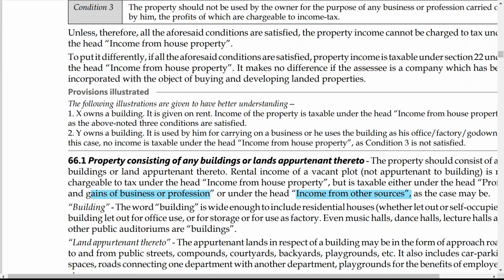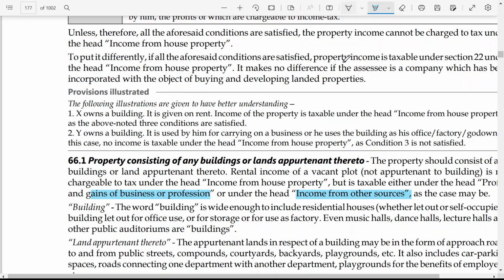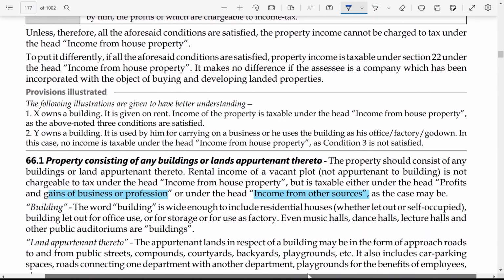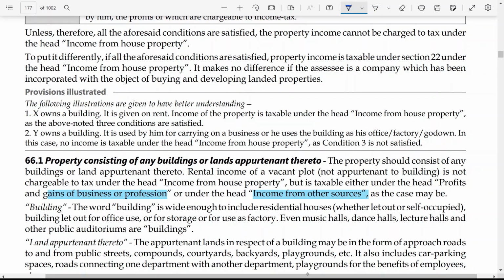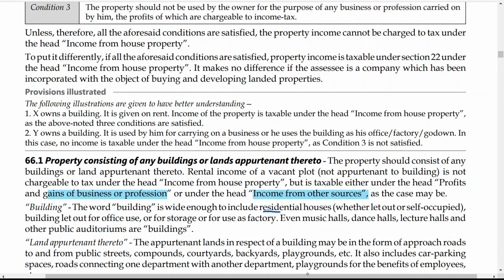Now here, what is the meaning of building? Building is wide enough to include a residential house. So if anybody asks what is a building, you should be aware of what building means here. Here we are talking about the residential house, whether it is let out or self occupied property.